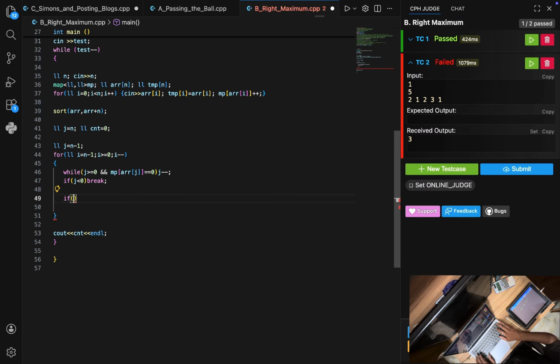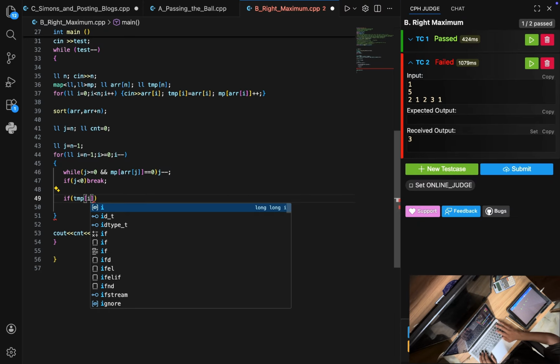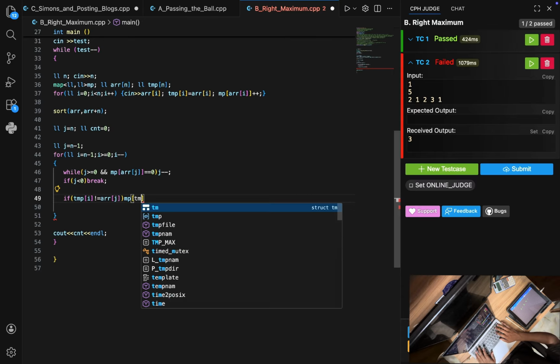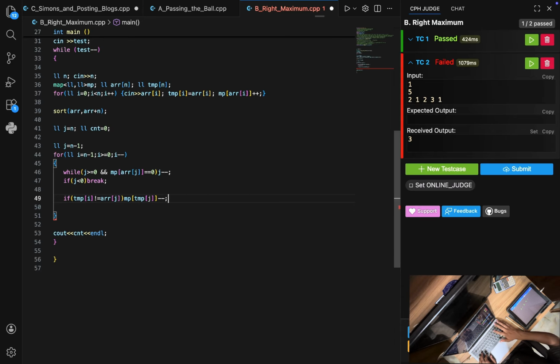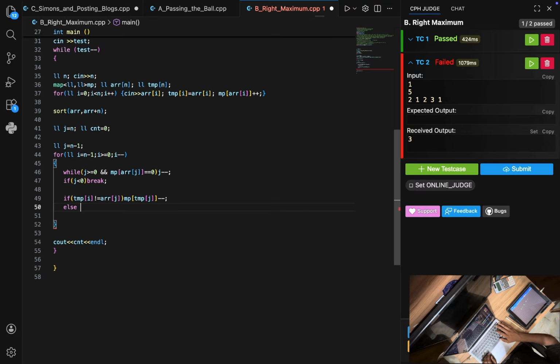If arr of i, temp i not equal to arr of j, then just temp j minus minus. If those are equal, else also the same, I'm going to do minus minus.